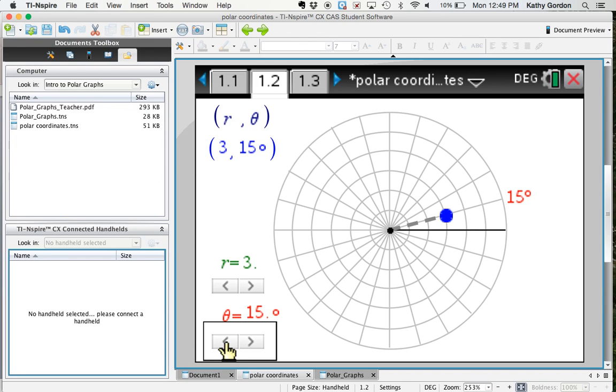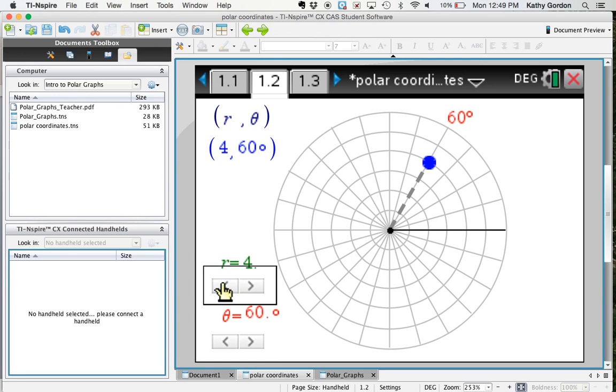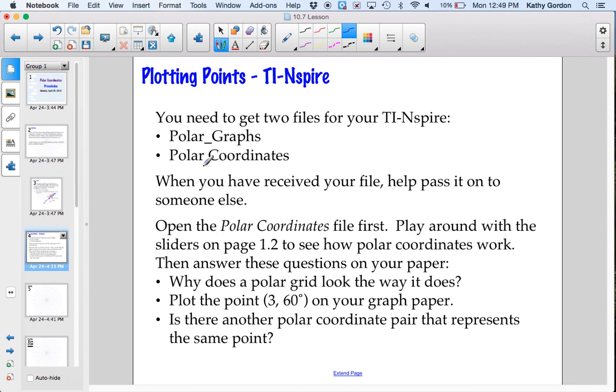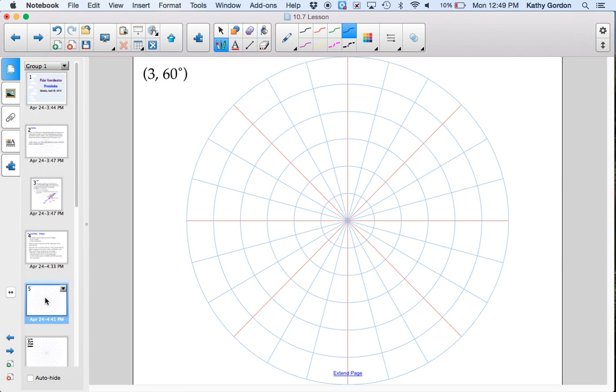So I asked you to graph (3, 360). So there's 360, and 3 is the r, that just changes how far out we are. So you end up with something that looks like that. And if you graph that on your paper, then you should end up right there on what I have.